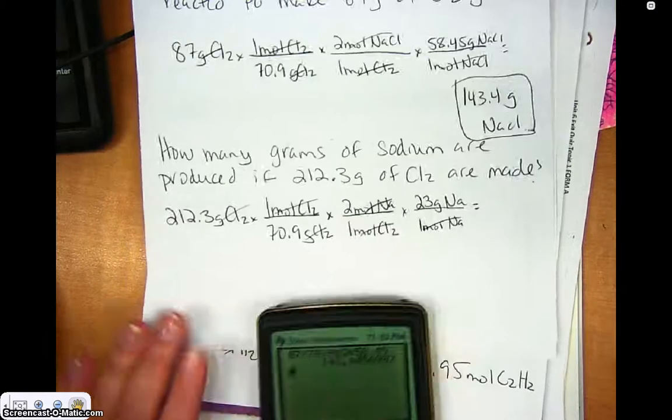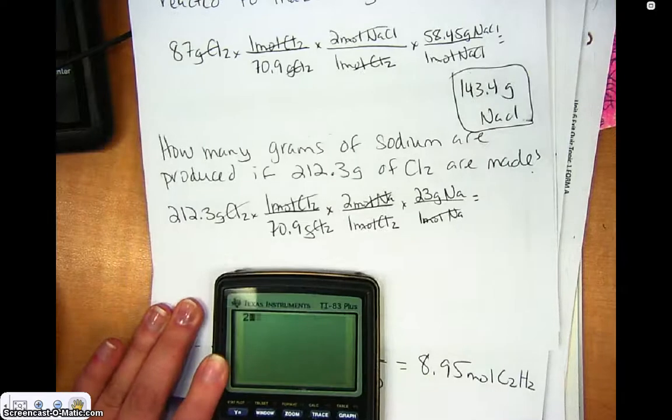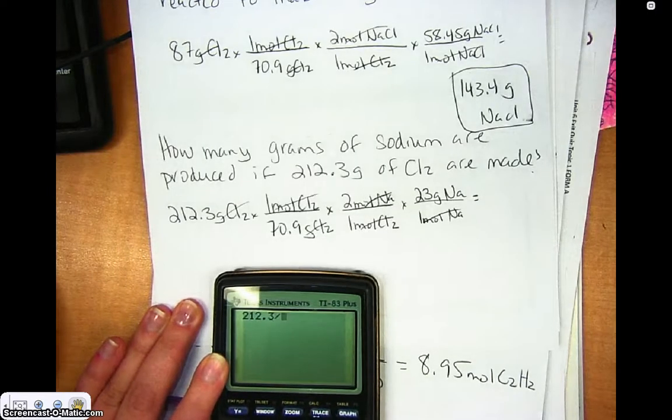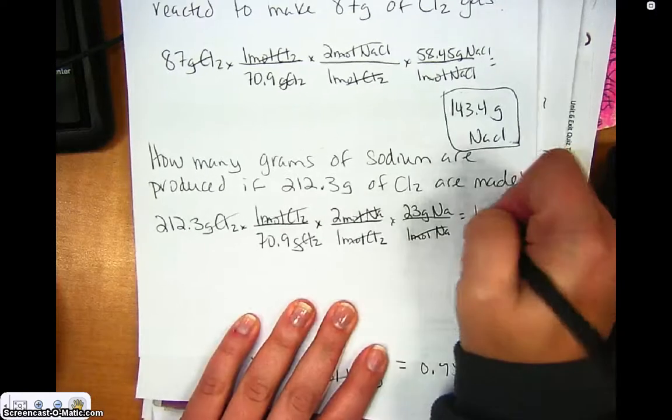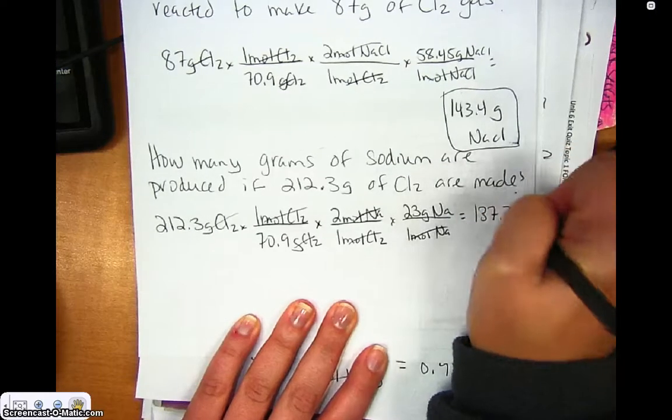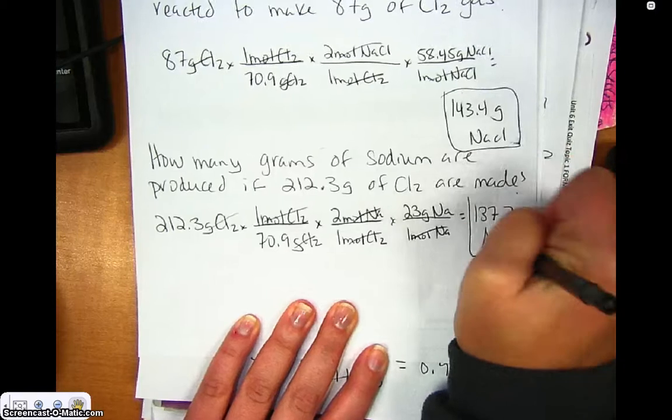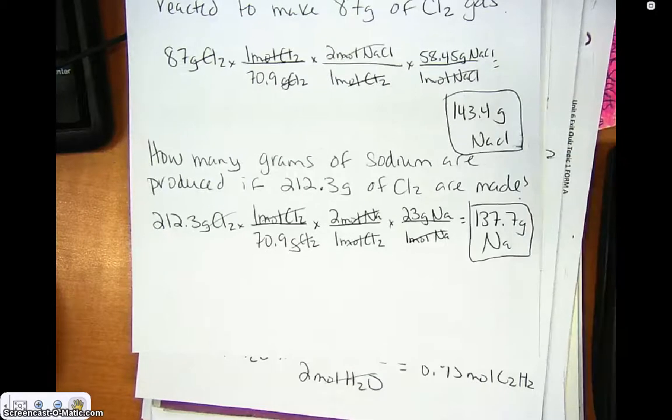Again, just working left to right, 212.3 divided by 70.9 times 2 times 23, and I get 137.7 grams of sodium produced when 212.3 grams of chlorine are made. So those are problems going from grams of one substance to grams of another.